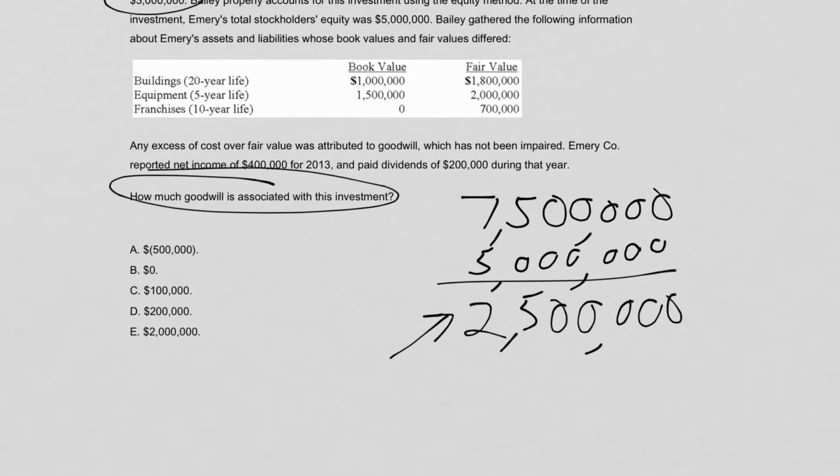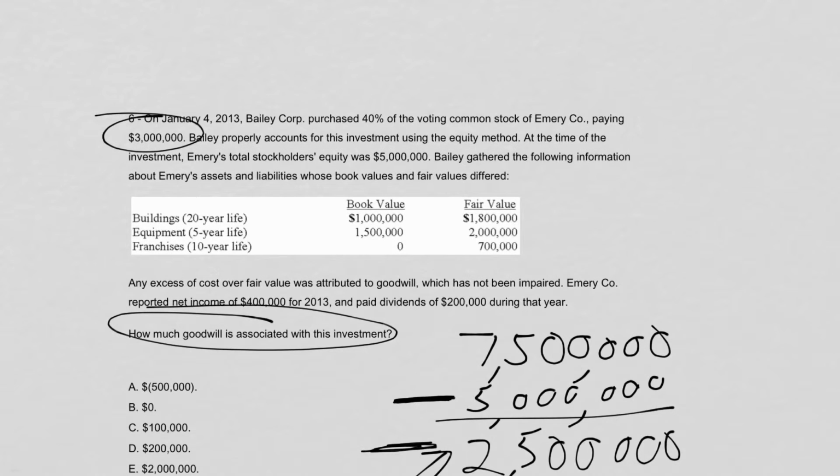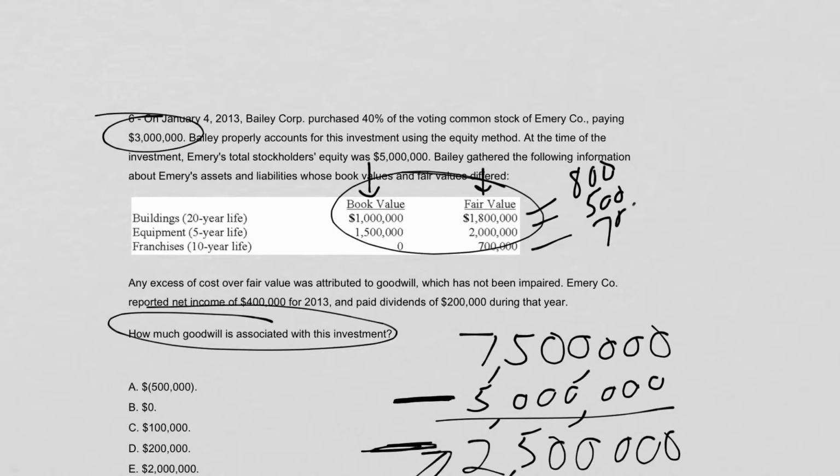So these are the identifiable assets book value. This is the value that we paid for it, 100%. These are the identified assets showing book value and fair value. So let's see what we got. We got differences at total altogether, $800K, $500K, and $700K. That's a total of $2 million.